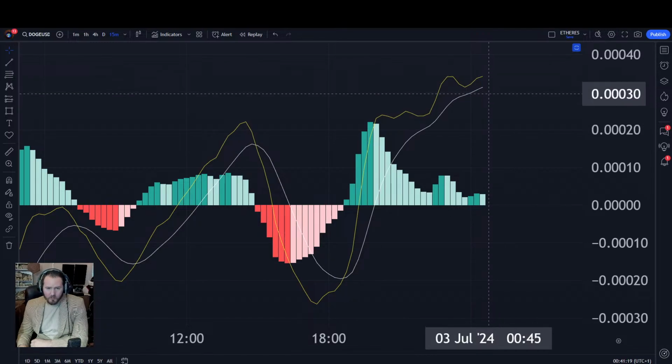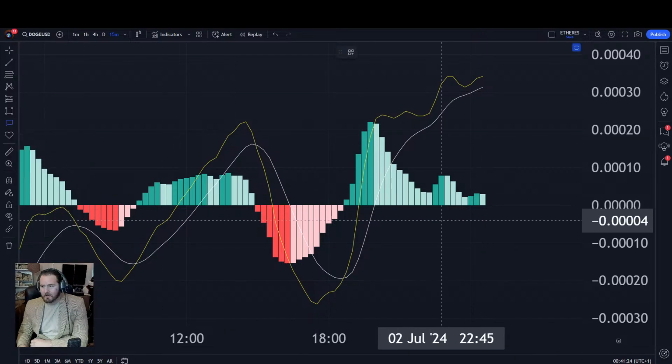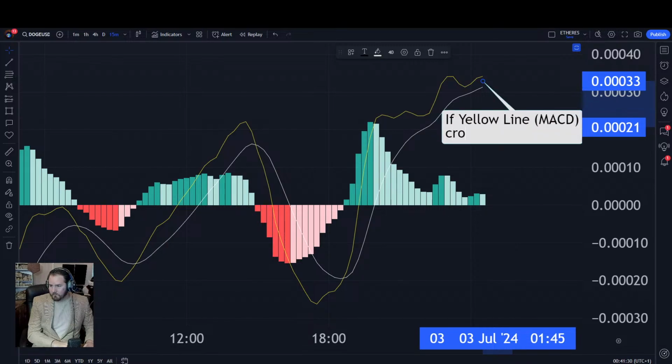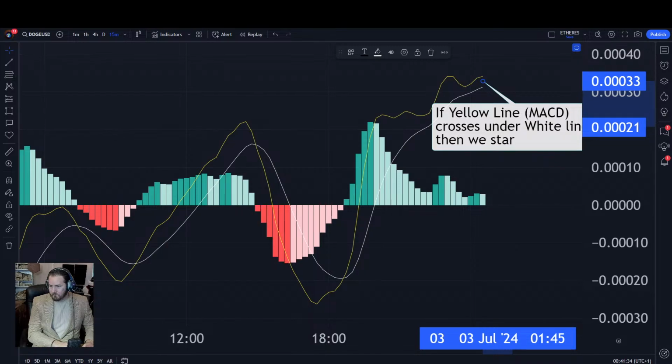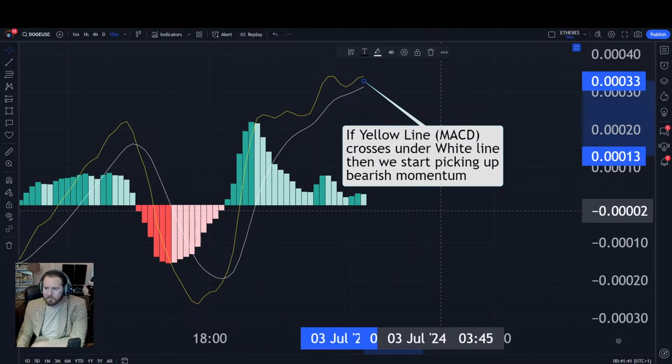If this yellow line starts crossing under the white line, it could give us the bearish momentum starting. So we would really start picking up that bearish momentum if that happened.